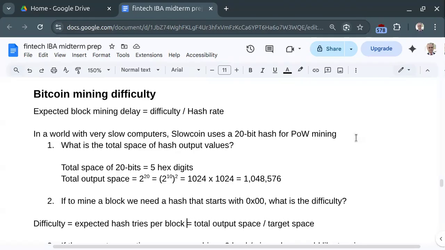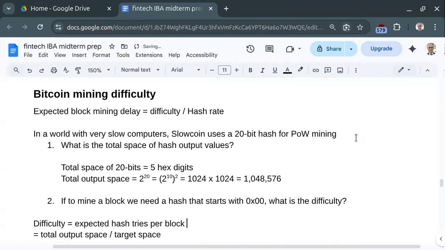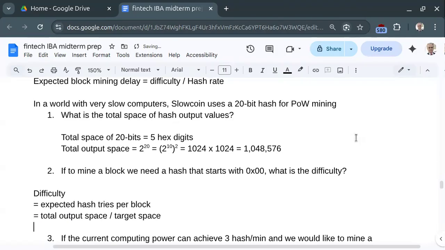So let me separate the two so that you see that they are two different ways. Okay? And finally, also, difficulty is interestingly one divided by the probability of a winning hash.